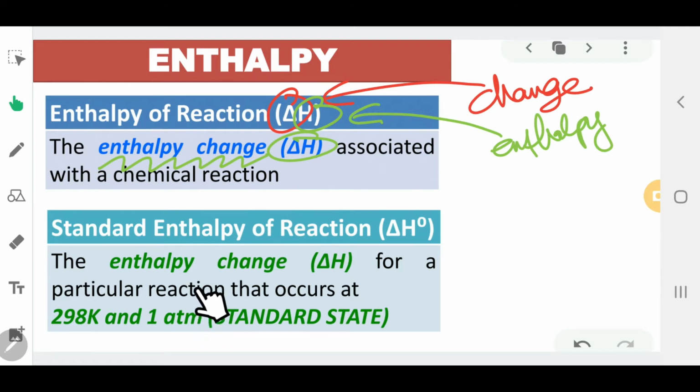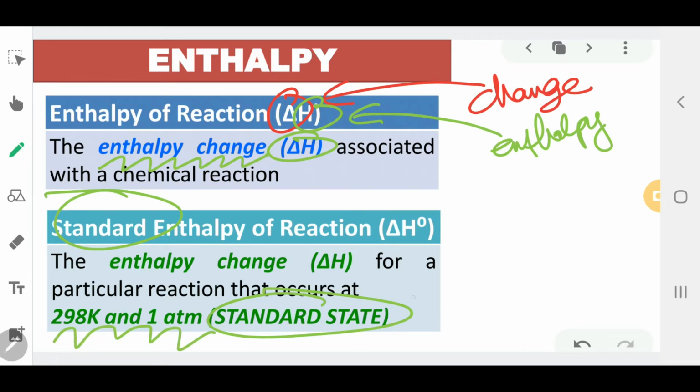So when differentiating between enthalpy of reaction and standard enthalpy of reaction, standard enthalpy happens at standard state, which is that temperature and pressure. Remember, the standard state refers to a certain temperature and pressure.